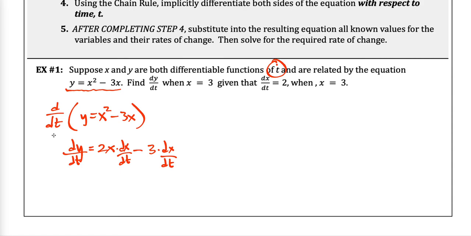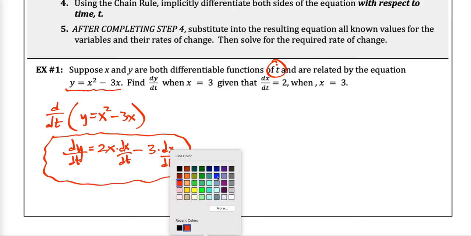Okay, so this equation down here represents how the variables we were working with and the derivative information work together, basically. And when we look up above, it directly says find dy/dt.